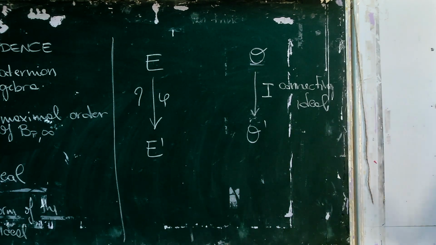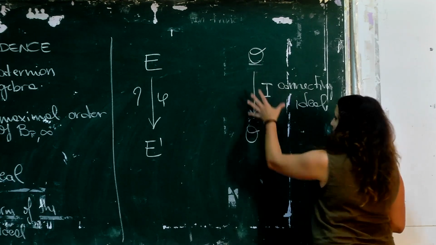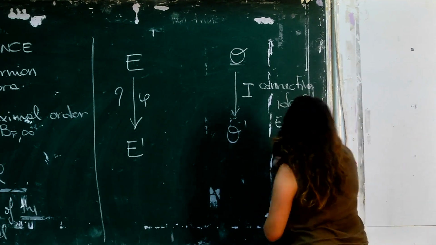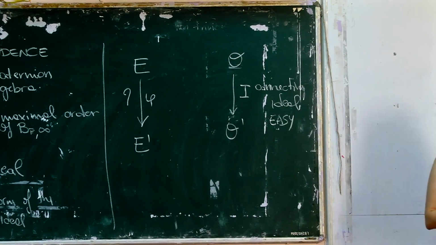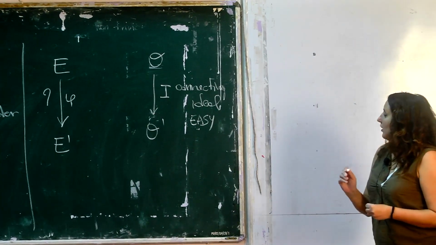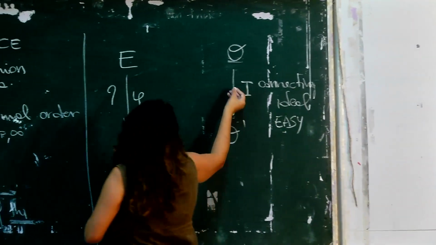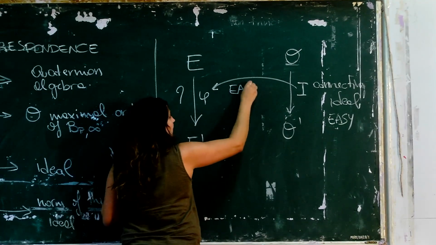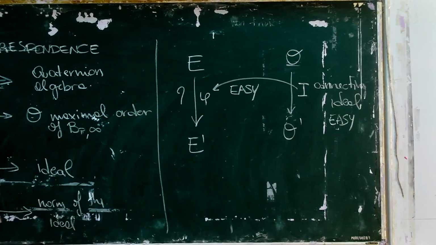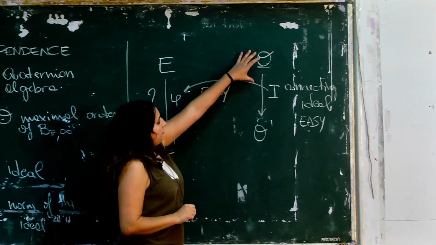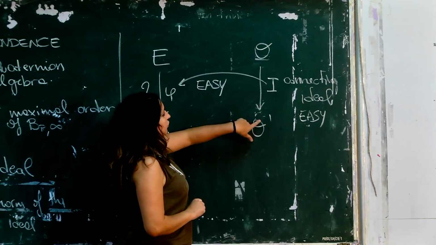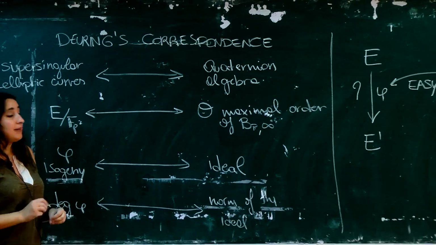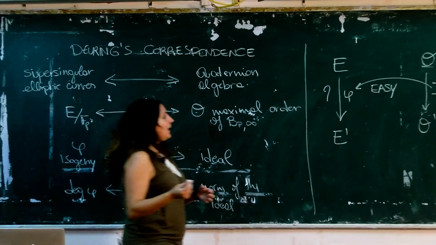What is important here is that given these two maximal orders, this problem is easy. It can be done in polynomial time. And recovering the isogeny from this is also easy. So if we have these two maximal orders, we can compute the ideal, and from the ideal we can recover the isogeny. But what is difficult here?